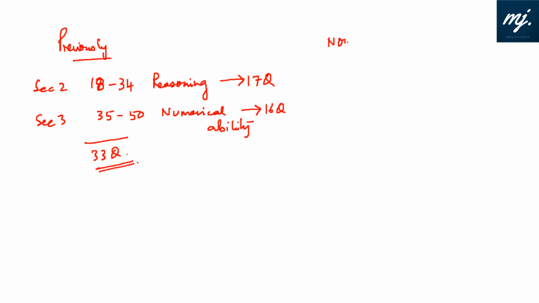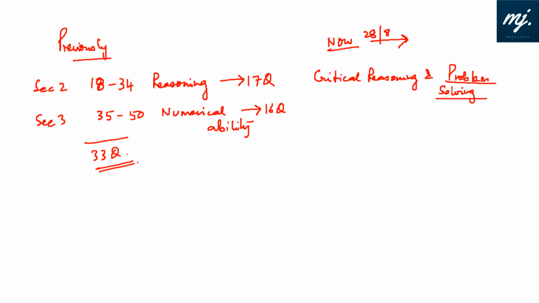But now on 28th August and onward, what we have seen is that section 2 was renamed to critical reasoning and problem solving. They are calling it critical reasoning and problem solving, but don't get confused. There was not a single question from quants in this section.